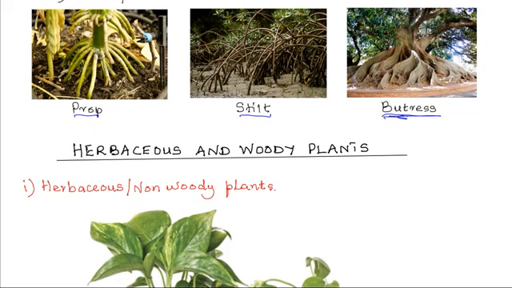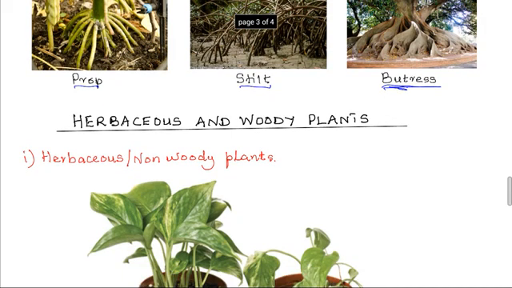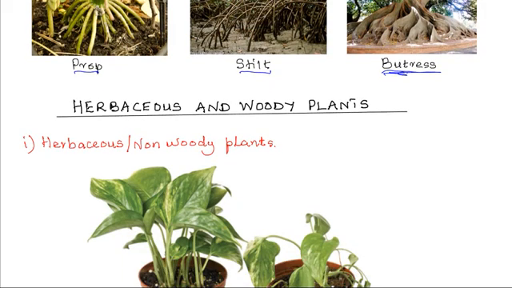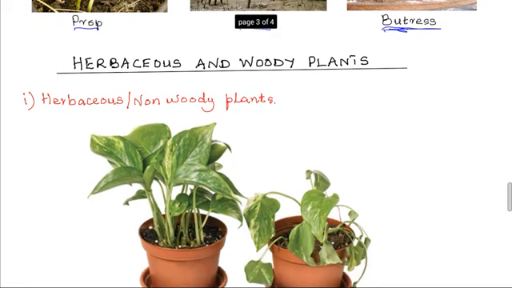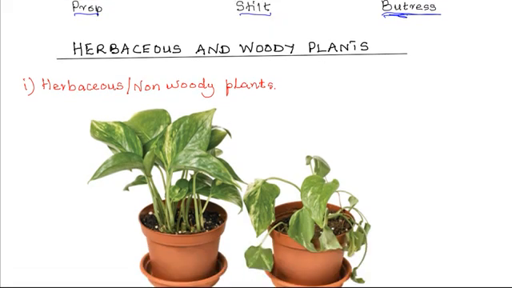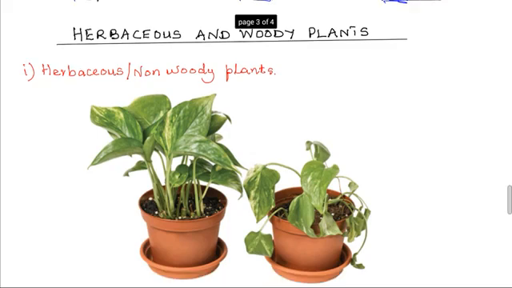Now, herbaceous plants, also known as the non-woody plants, are small plants that do not grow very tall. The main reason is that they derive their mechanical support mainly from 1. Turgidity of the parenchyma tissues, 2.